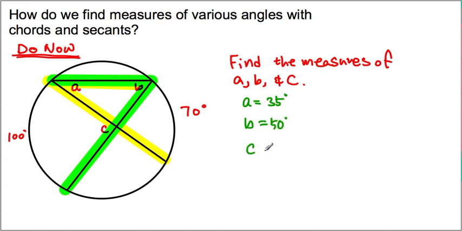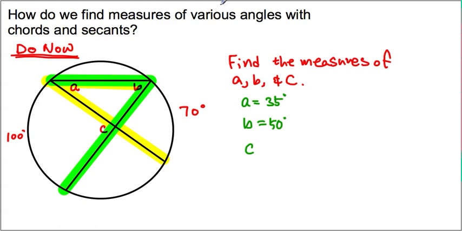Then how about C? That's right. C, in fact, if you think about it, this angle is the exterior angle of this triangle. So therefore, the measure of angle C is in fact equal to A plus B, which will be equal to 85.